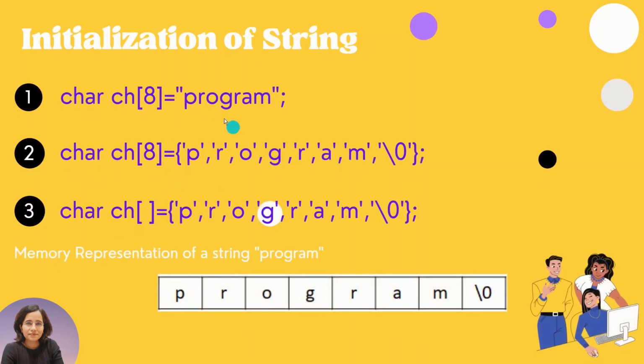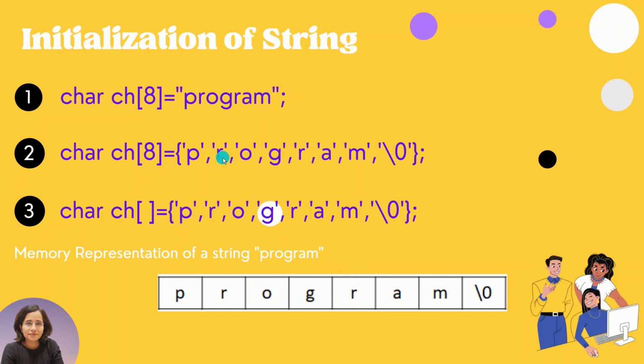Now let's study how to initialize a string. There are 3 forms in which we can initialize the string. Here is the first form. This string requires total 7 characters, but we need one more location for the string terminator, that is null character, which will automatically append to the end of the string.